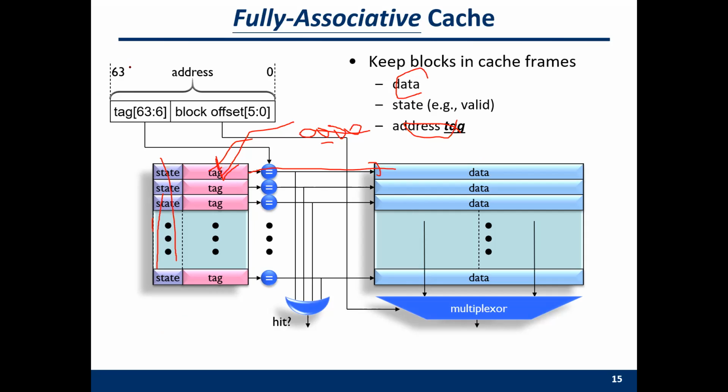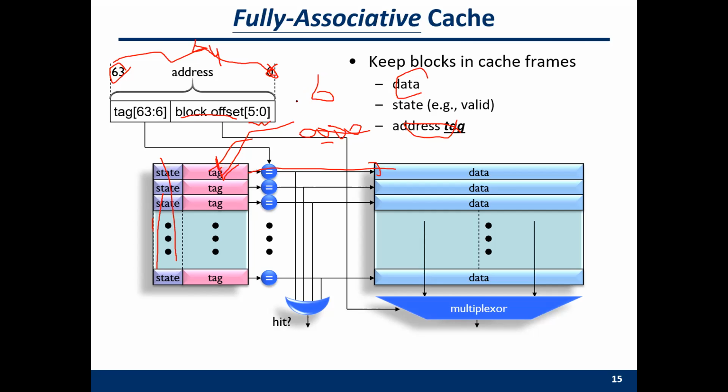Nowadays you have a 64-bit machine, so the address can be from 0 to 63. Okay, these are the 64 bits. In this example, the block offset, the data offset, is only 6 bits.